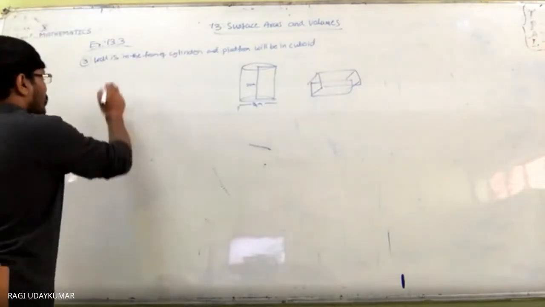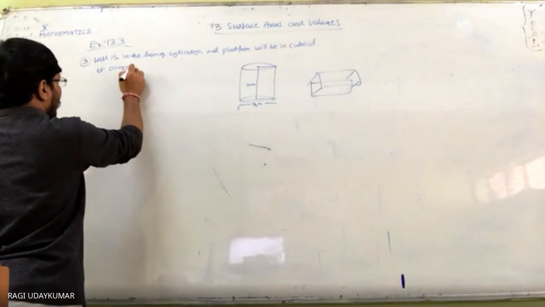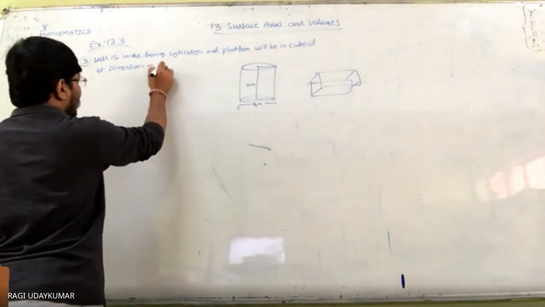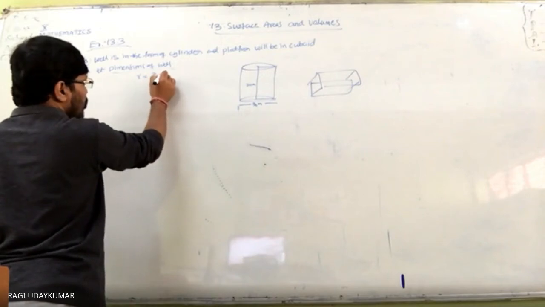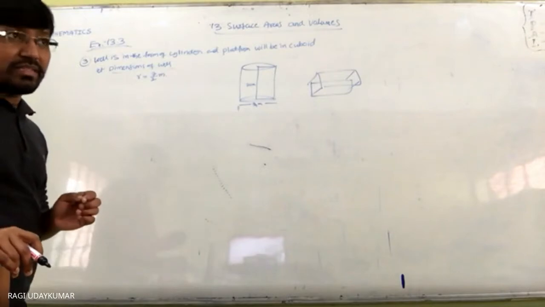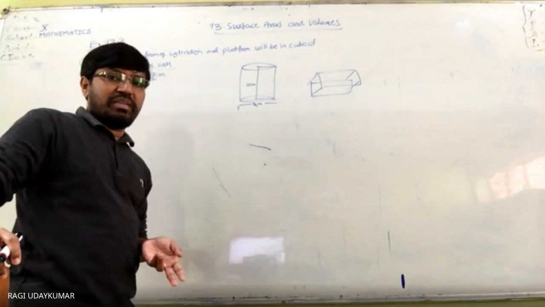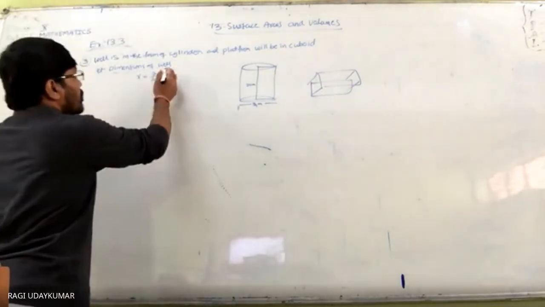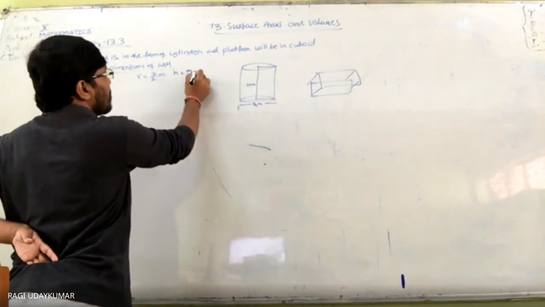Okay, so let dimensions of well, radius is equal to 7 by 2. Please note that most of the students commit the mistake here. Diameter will be given sometimes, radius will be given sometimes, and both variations should be taken into consideration. So r is equal to 7 by 2 meters and the height, depth, is equal to 20 meters.